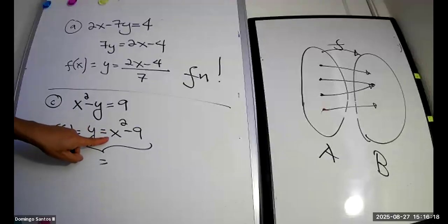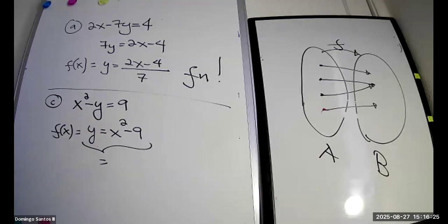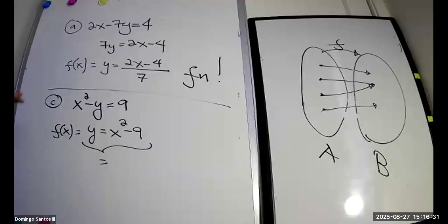For example, if x is 0, what's y? If x is 0, then y is minus 9. Very good. If x is 1, what is y? Minus 8. If x is minus 1, what's y?